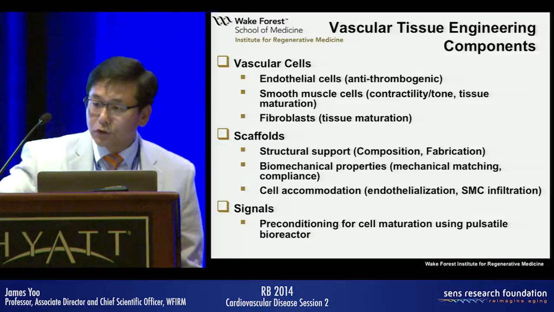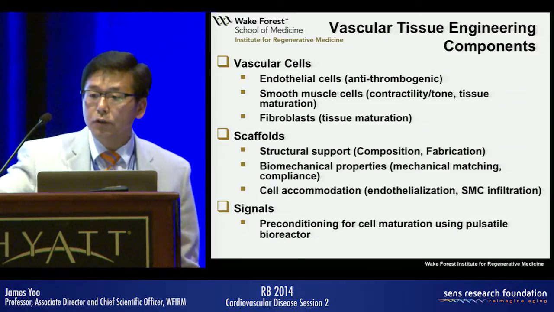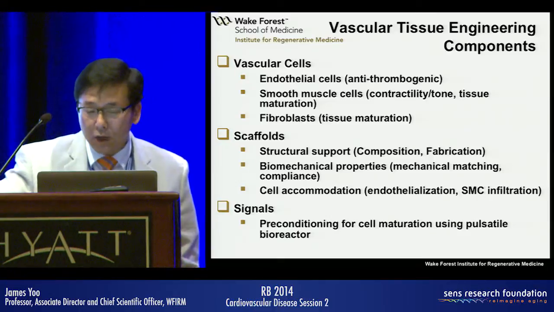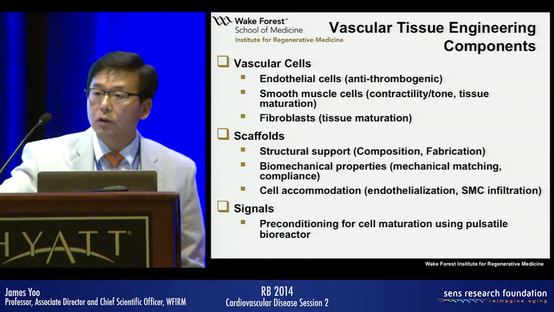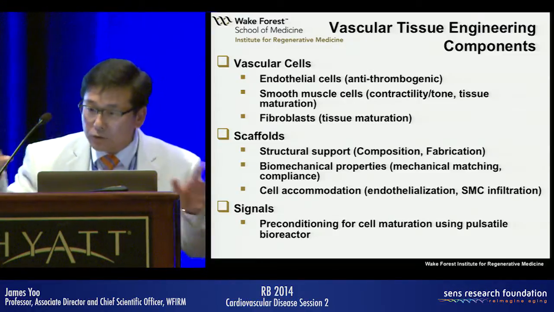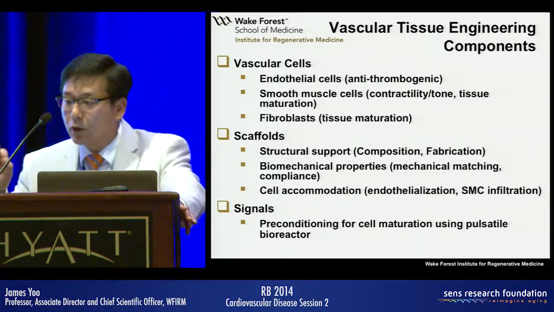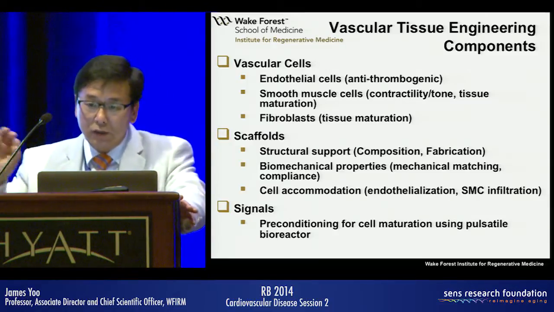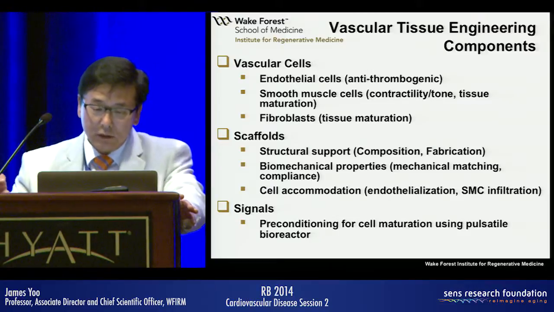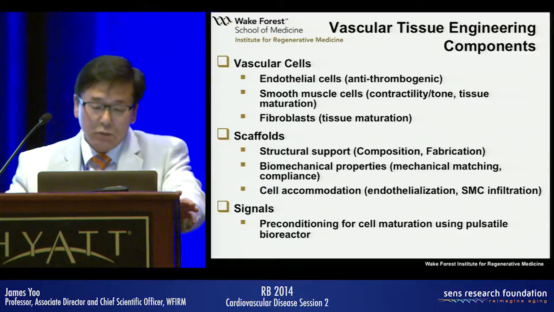For scaffolds, you can use scaffolds from naturally derived sources. For example, you could take donor blood vessels and remove all the cellular component, leaving only the extracellular matrix that looks like a blood vessel and has a consistency like a blood vessel.